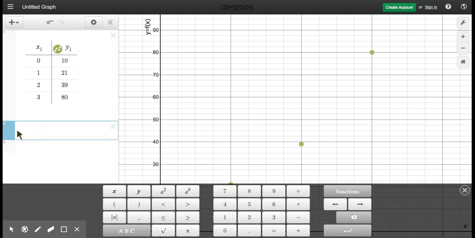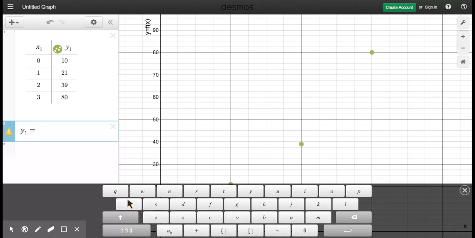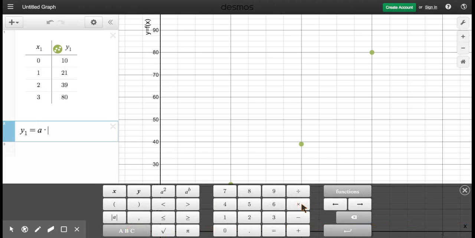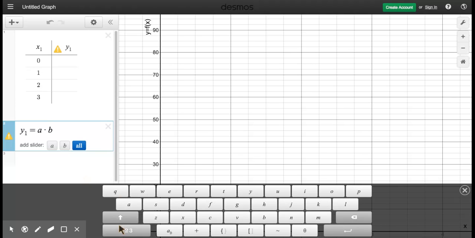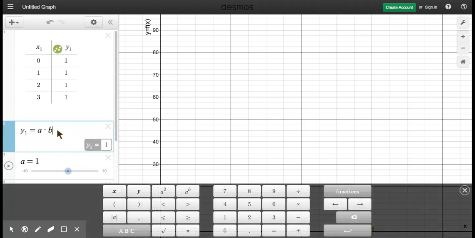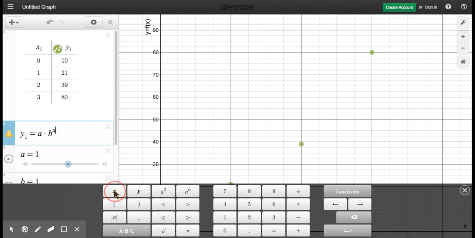Now what we want to do is input an equation. The way you do this is you write y1, because notice there's y1 up here. So y1 equals, and then I hit ABC, A, times, back to ABC, B to the exponent of x, and it should be x1.